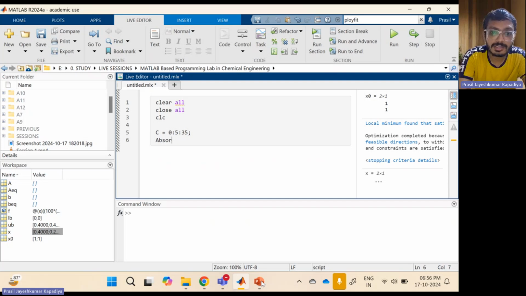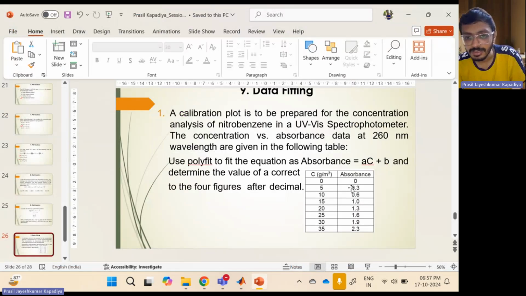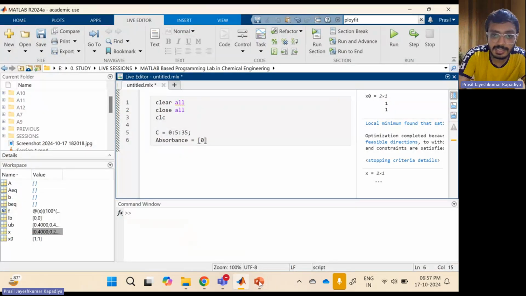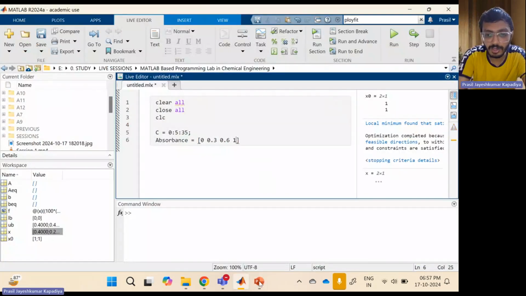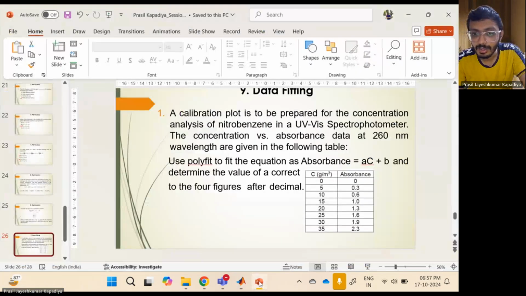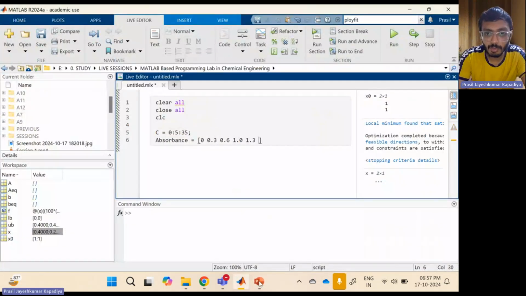And my absorbance is equal to, okay, let's write down these values: 0, 0.3, 0.6, 1, 1.3, 1.6, 1.9, and 2.3.